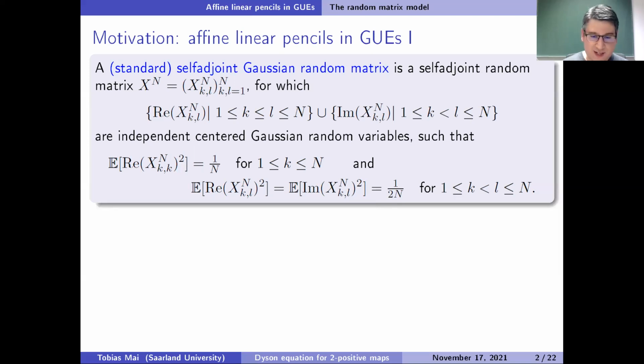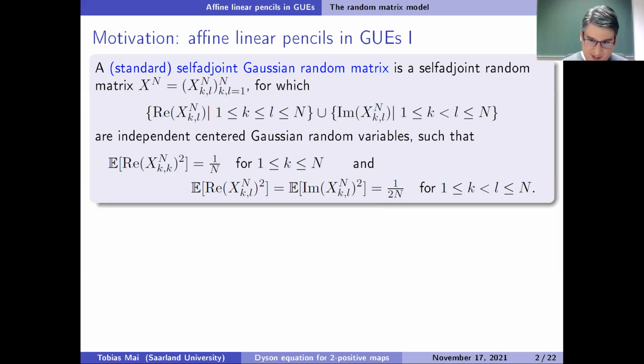This is one of the most basic random matrices, and in this normalization, in the limit as n goes to infinity, we see a nice limit law for the eigenvalues of such matrices, namely the famous Wigner semicircle law.